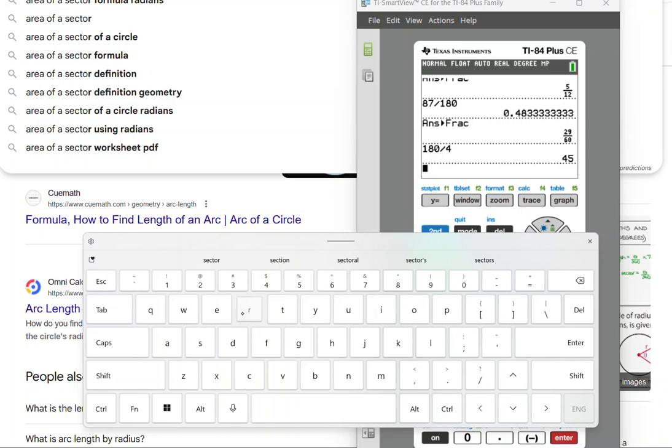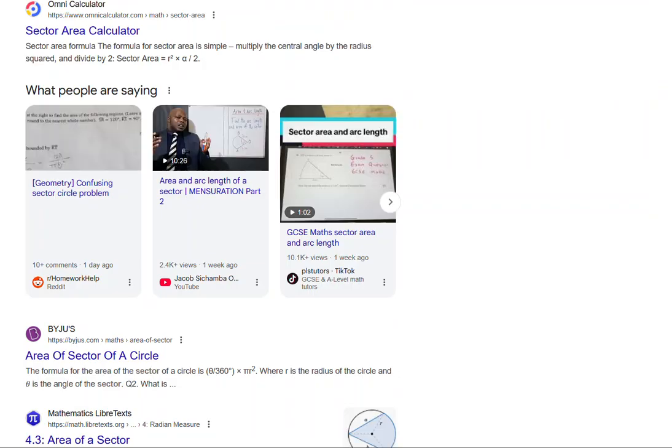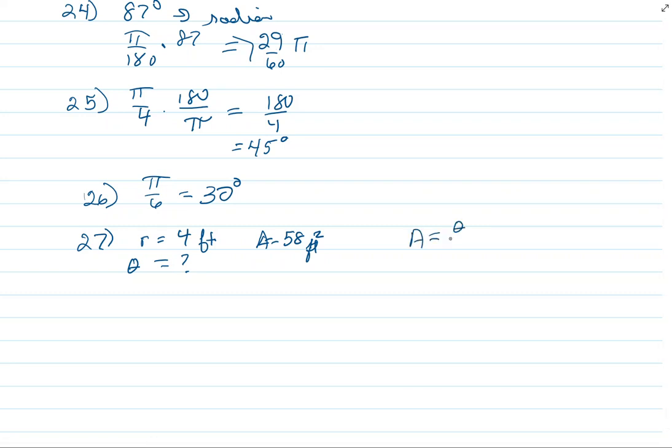Let me do that. Yes, I have to do theta over 360. I was saying that because we're doing a sector here. And it's in degrees.